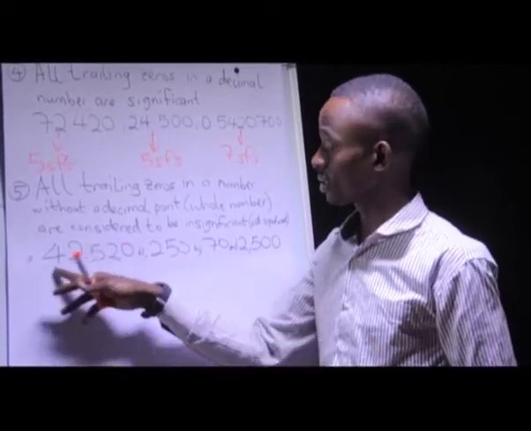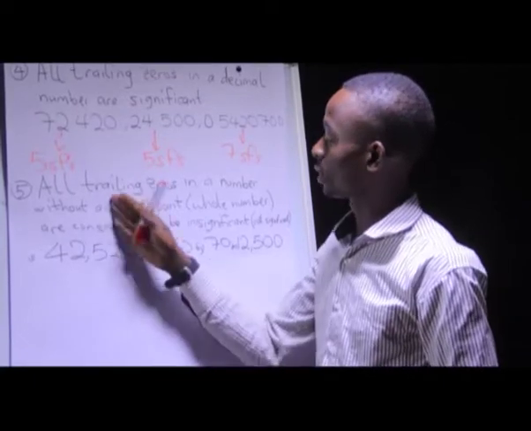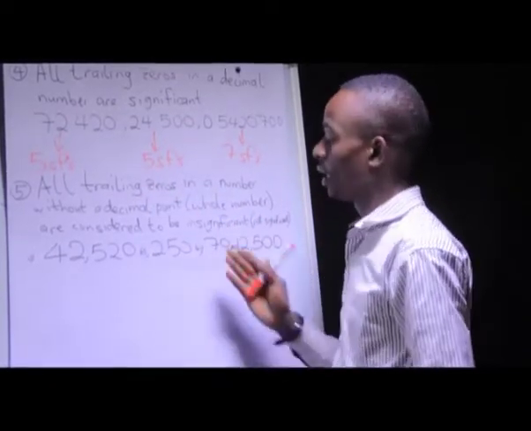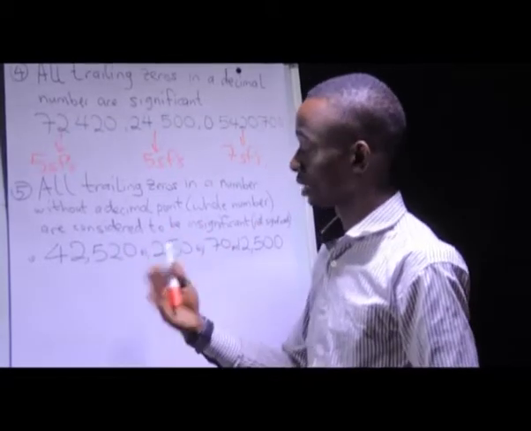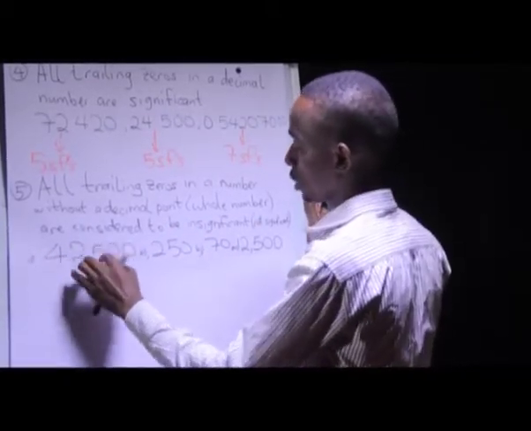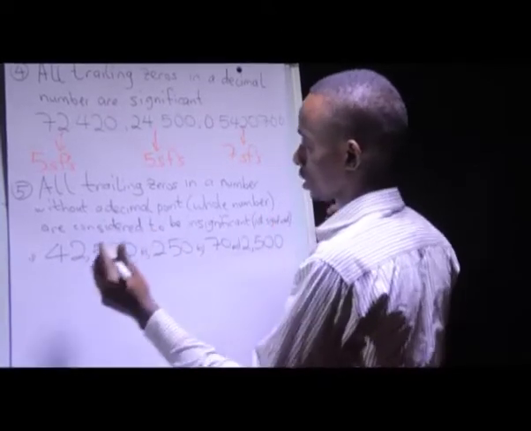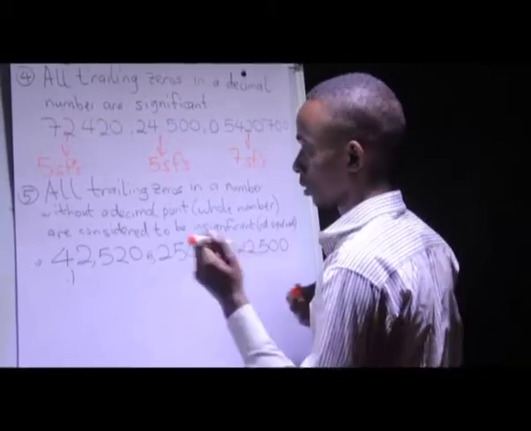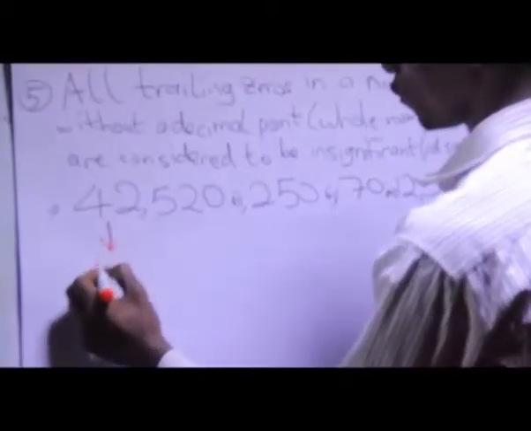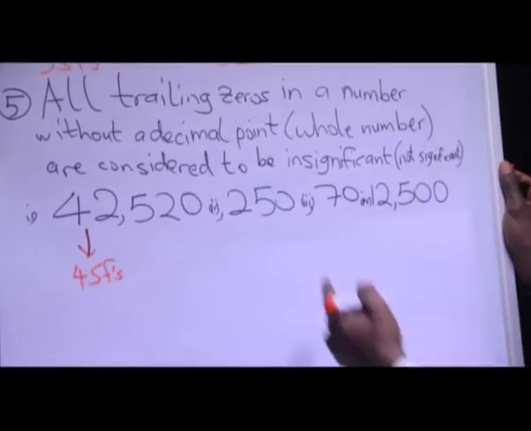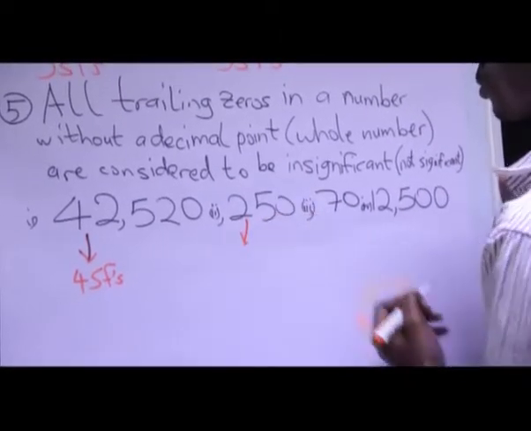But since this is a whole number, and all trailing zeros in a whole number are not significant, this 0 is not significant. So the number of significant figures I have is 1, 2, 3, and 4. The 0 is not significant. So here I have 4 significant figures.